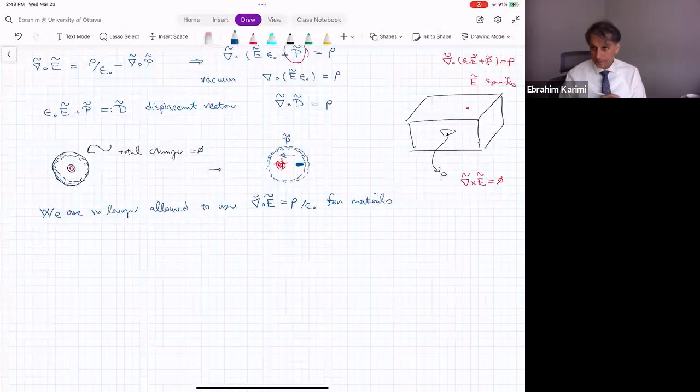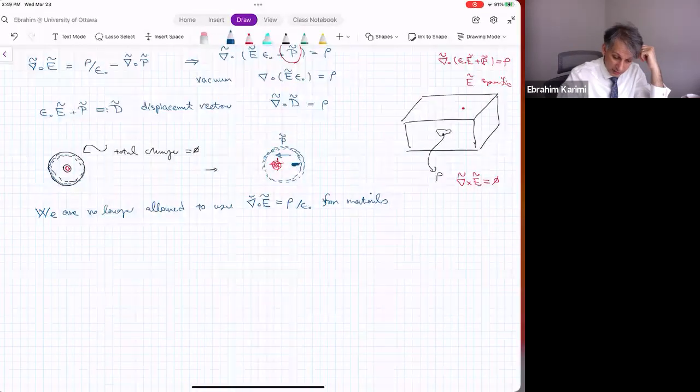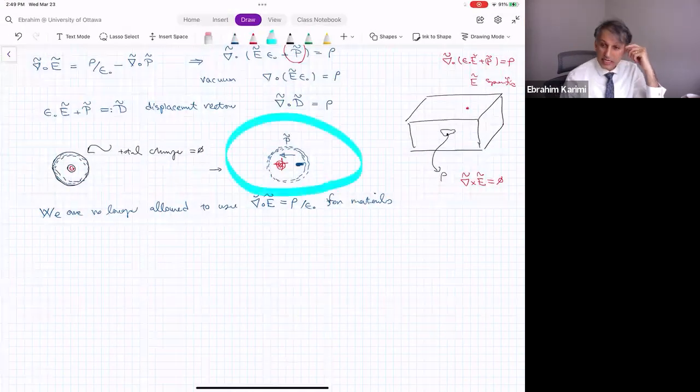Okay? Perfect. So can you tell me, guys, what happens if the electric field here is increasing? If I increase the electric field, what do you expect for the P?